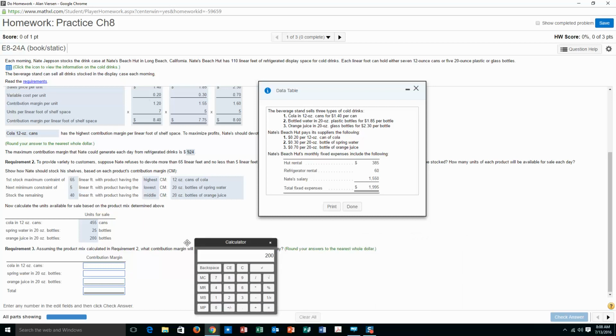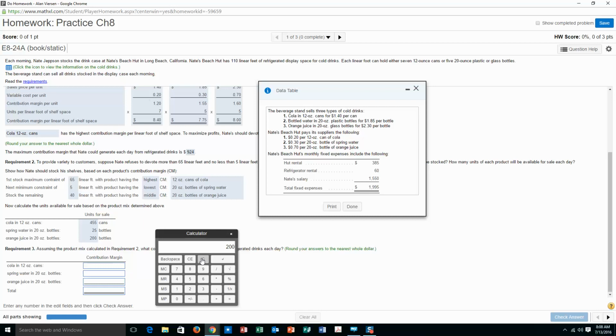So we go back to this idea of, first of all, beginning with the cola cans. We have 65 feet. We're going to multiply by our contribution margin of $8.40, 8.4. And I like using the little arrow to put it in there.